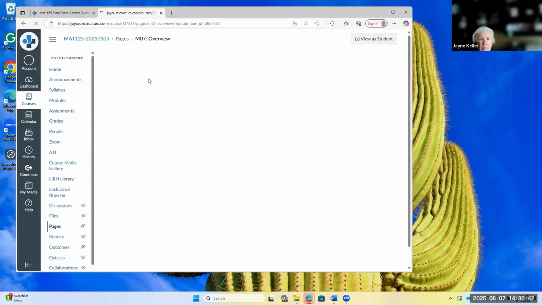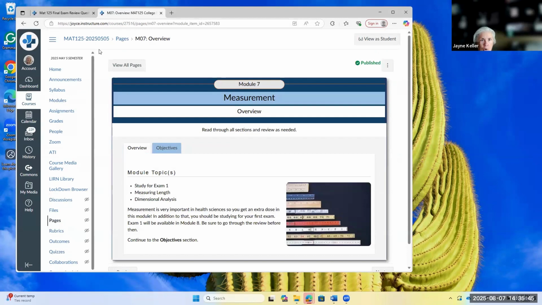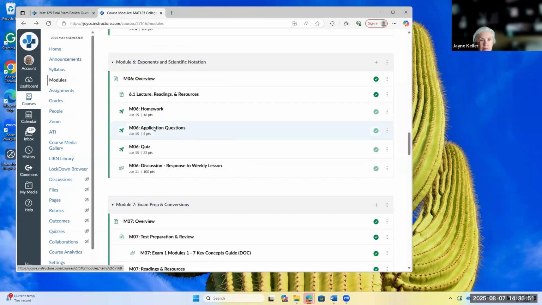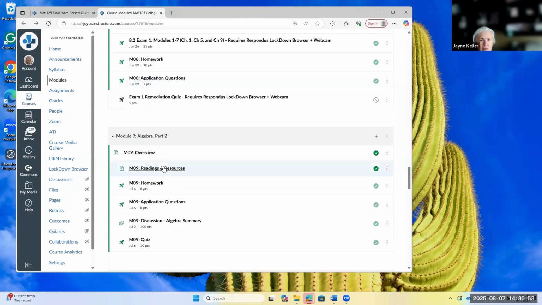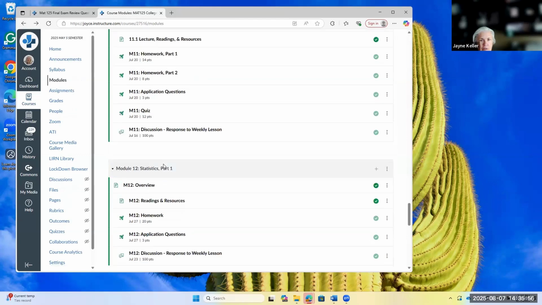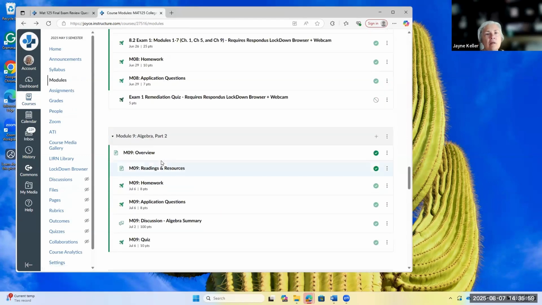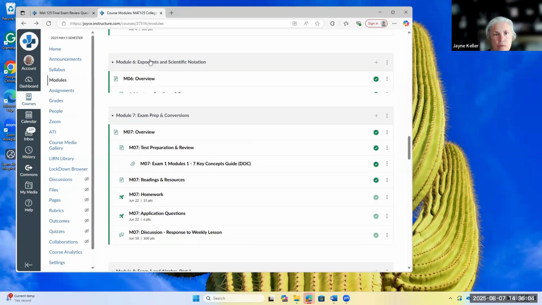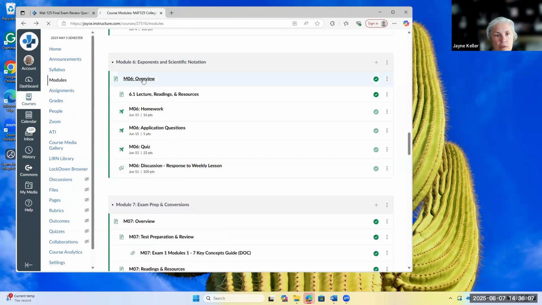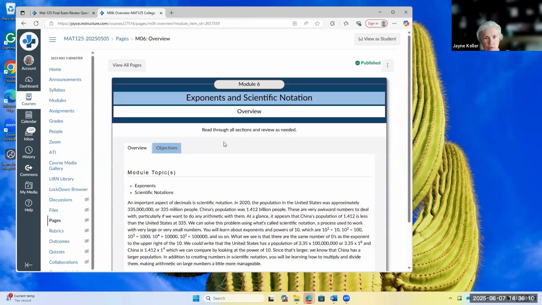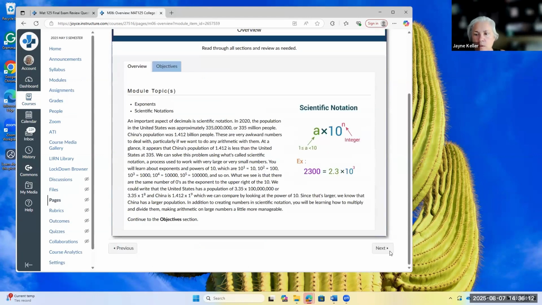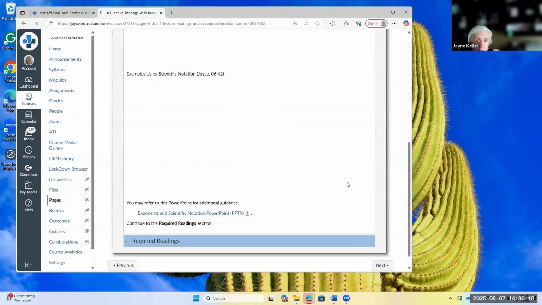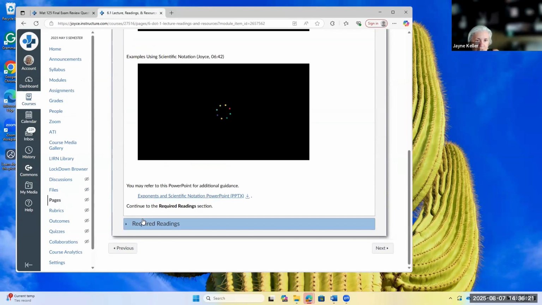Let me think. Was that in here? Nope, I think module 6, maybe? Exponents and, well, no. Algebra, geometry. Yeah, that must be it then. Was it in here?